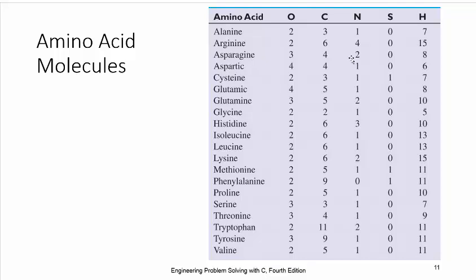So they might enter O2C3N1H7, for alanine, for example. That would be the chemical formula for alanine. The program is supposed to ask the user to enter the chemical formula of the amino acid that they're interested in, and then the program will calculate the molecular weight.